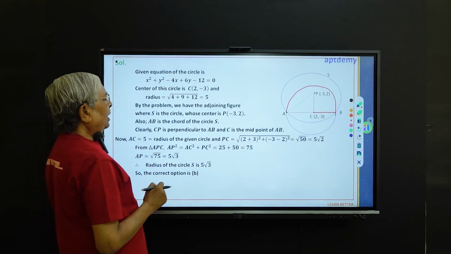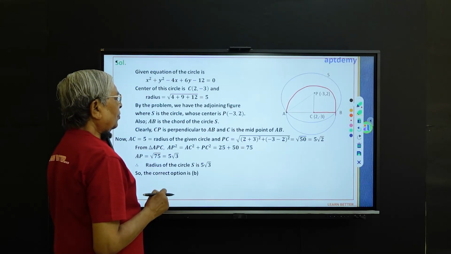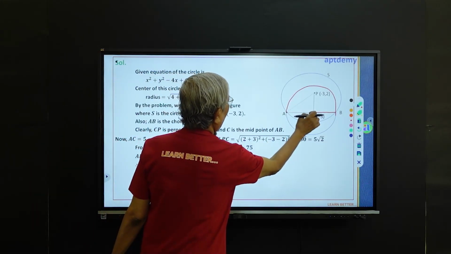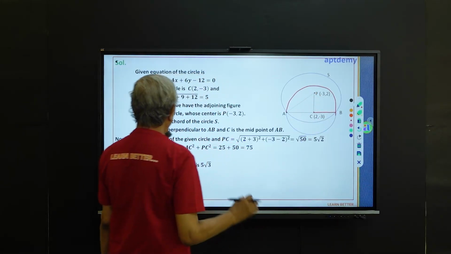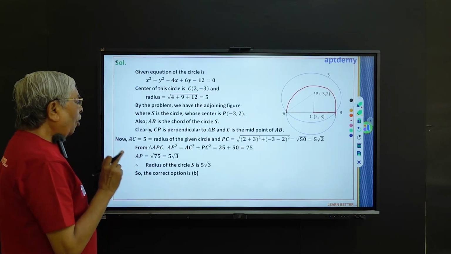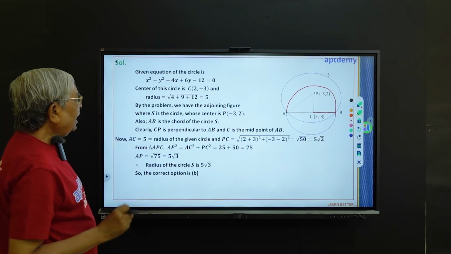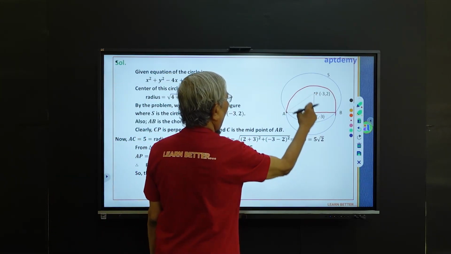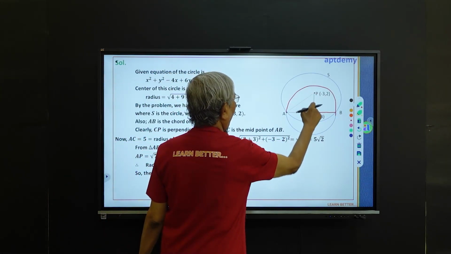The coordinates of C are given as 2, minus 3. And we know that this CP is perpendicular and C is the midpoint of AB. What do we want? We want the radius of the circle S. Radius of the circle S means AP.